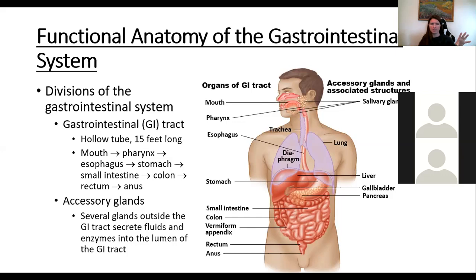We also want to think about the glands that produce all the different enzymes that basically help us break down food and manage the changes in pH that happen as we do the process of digestion. So we're going to talk first about the GI tract itself, so the actual path of the food. And then we're going to zoom in a little bit on the glands outside the GI tract that produce those important enzymes.